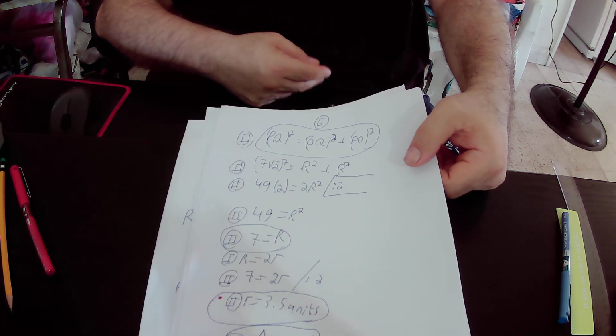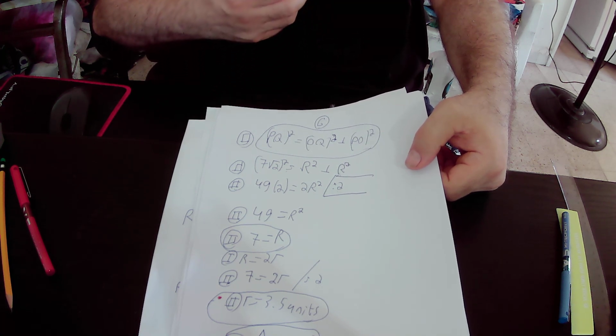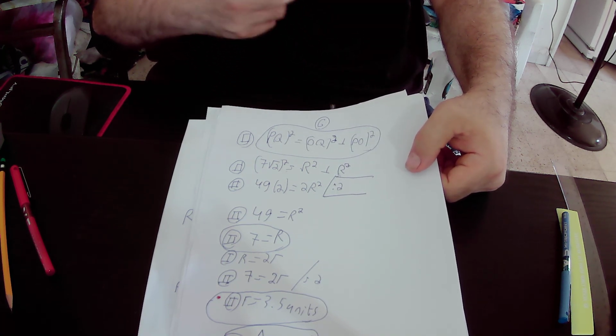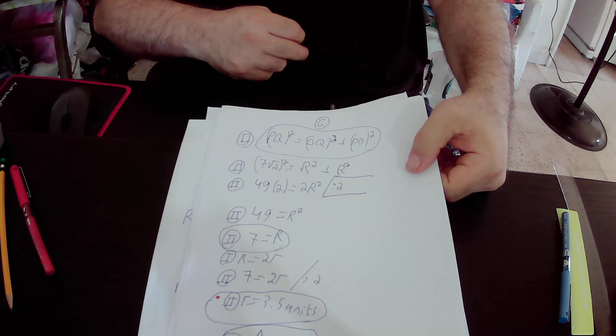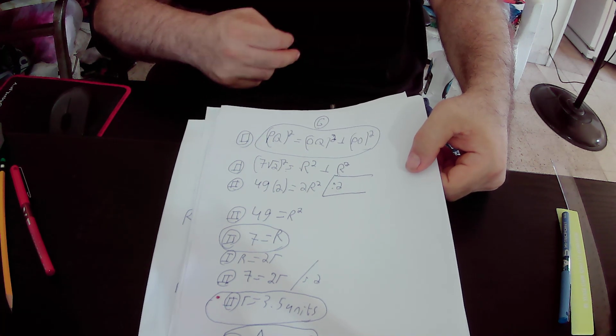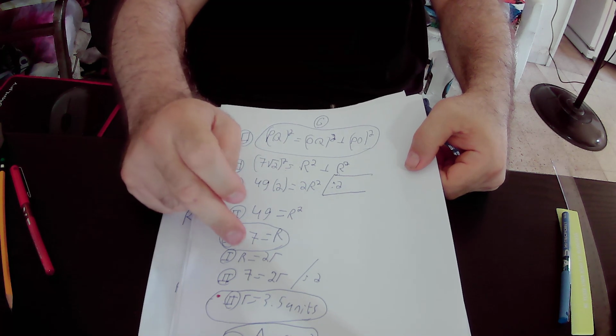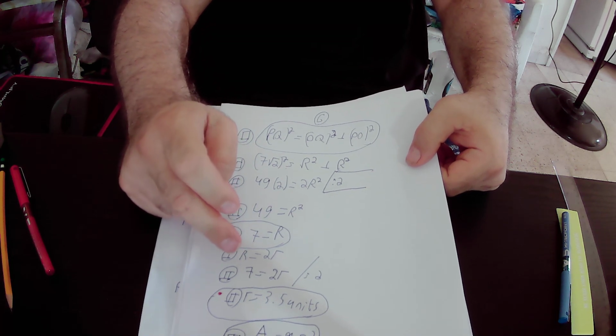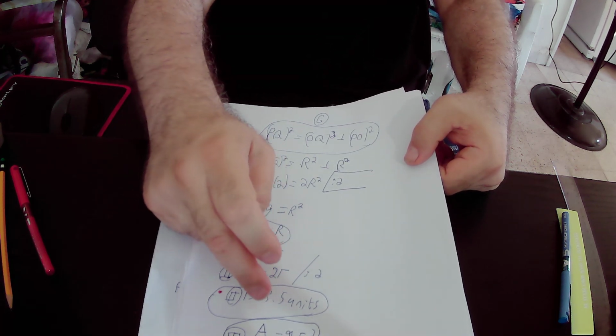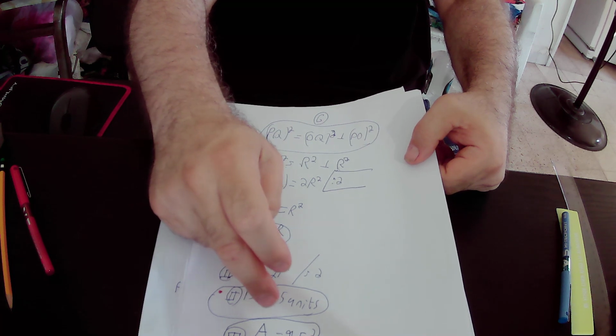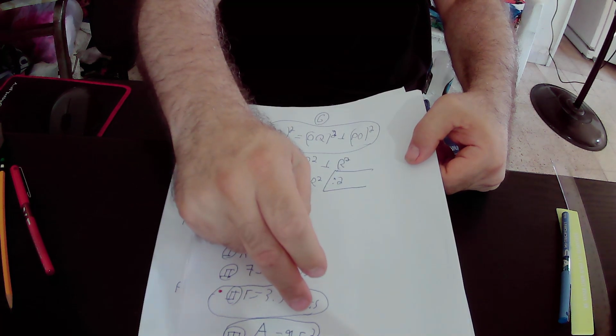And after we know the radius of the yellow circle, we can easily know the area of the yellow circle, because the area equals pi times the radius squared. So we substituted in the formula of the area of a circle that A equals pi times r squared.